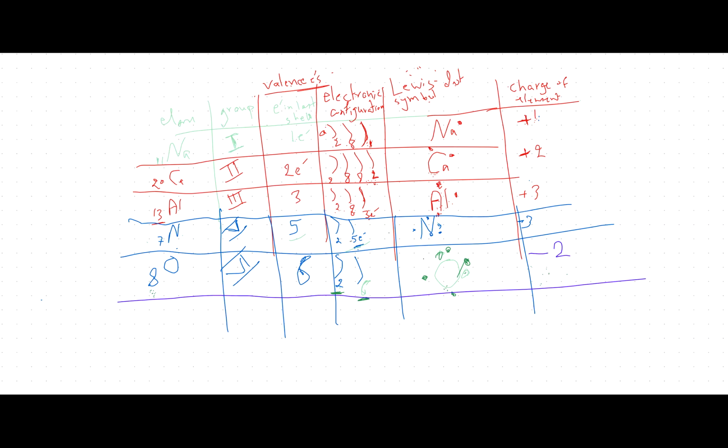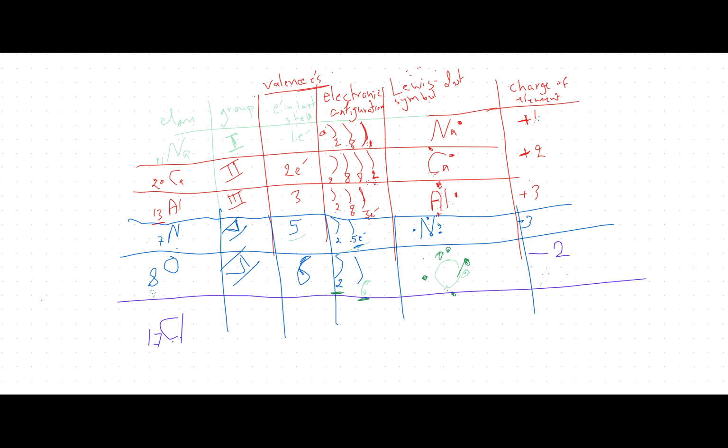Okay, chlorine. Chlorine 17, okay? In which group? Sun, again, in which group is chlorine? You will do all of it. In group 7.